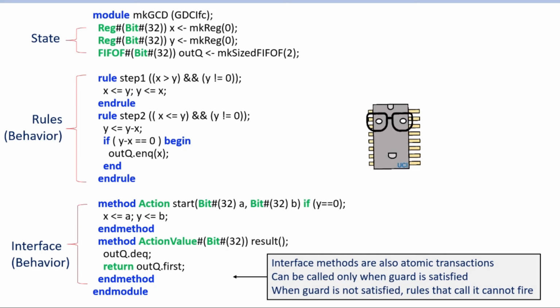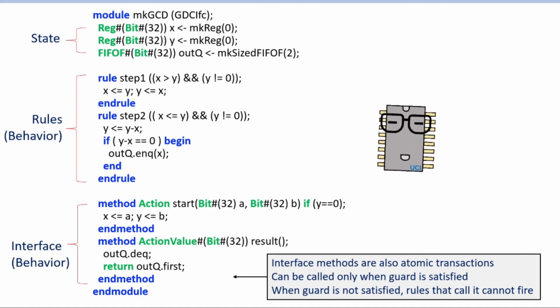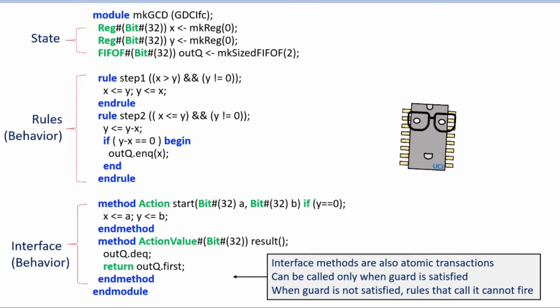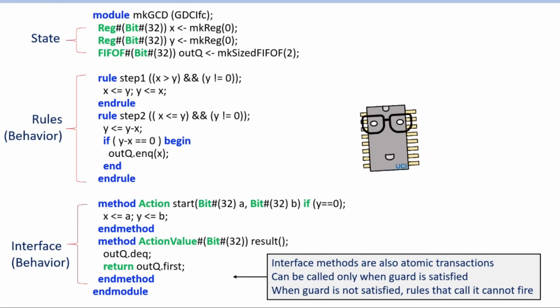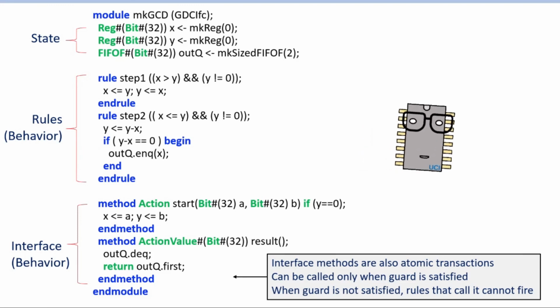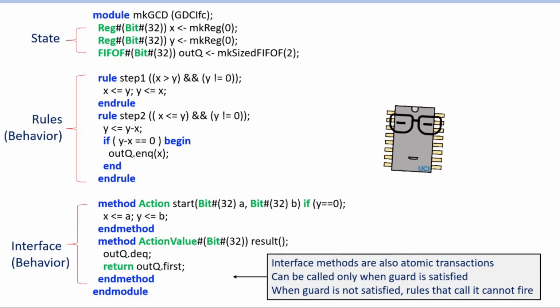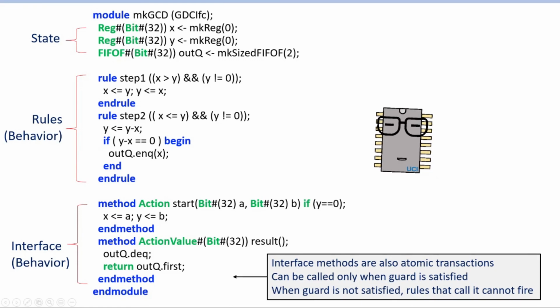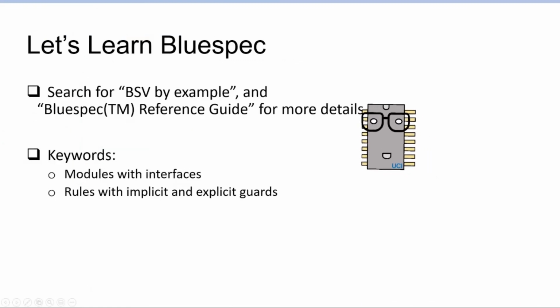Each individual rule is each individual thread. It's like the loop statement if you write something in Arduino, for example. What rules do is just loop forever, checking repeatedly if all of their guards are met. If all of their guards are met, they do some work. And some work might include calling a method of some different module.